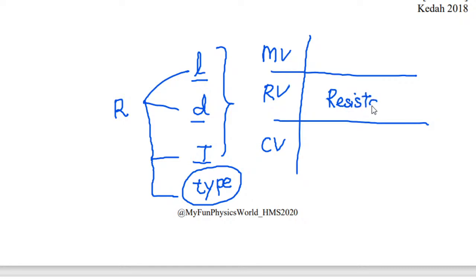If the bulb is brighter, it means the current is bigger, because the resistance is smaller. So remember this.